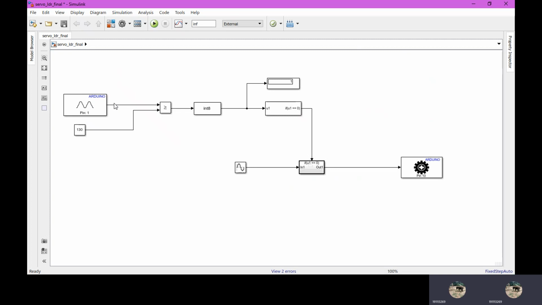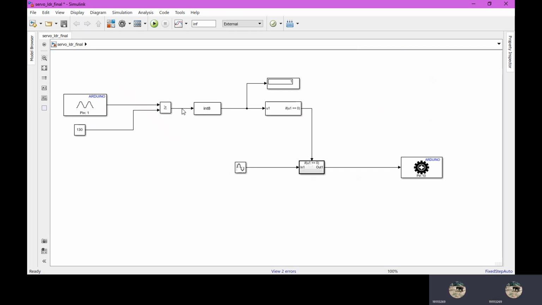The input which is detected by the Arduino from the A1 pin is compared with a constant value of 130, and if the input is not greater than or equal to this constant threshold value 130, then this will not provide any signal further.